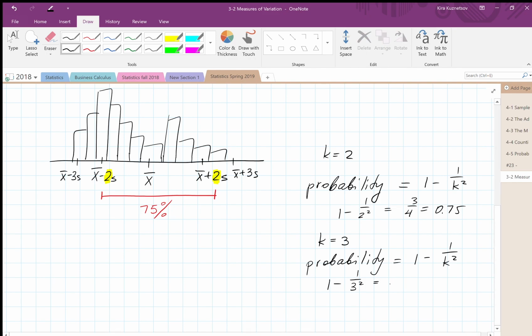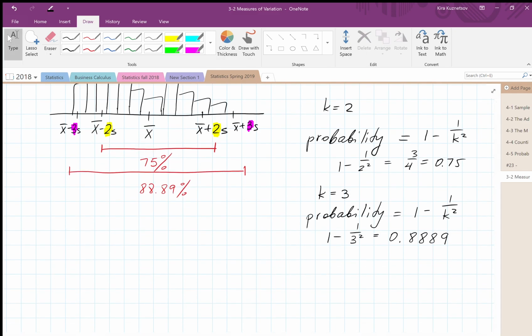It gives me approximately 0.88 with 8 repeating, so I'm going to write it as 0.89. So from here to here, I will cover about 88.89%. Once I found that 2 standard deviations away is about 75% of the data, and 3 standard deviations away is 88.89% of the data, you don't have to redo it again.